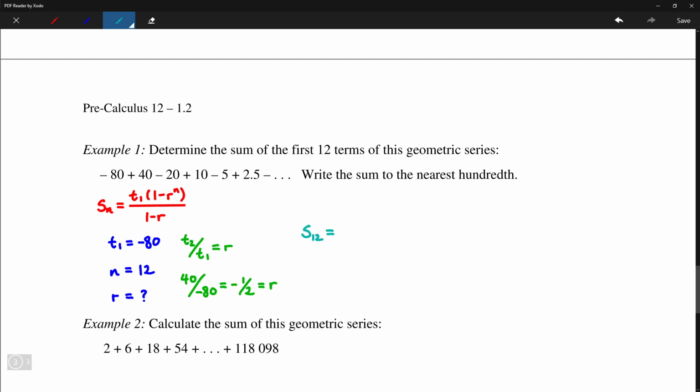S12 is equal to negative 80, and then 1 minus negative 1/2 to the 12th power, and then divided by 1 minus negative 1/2.